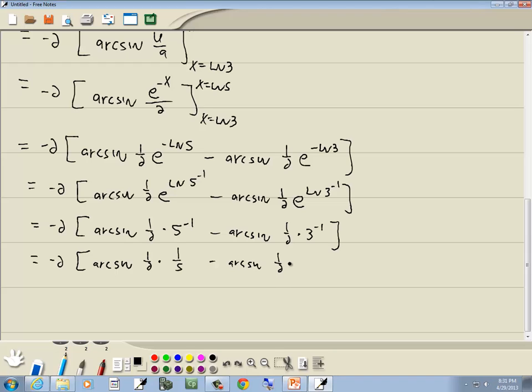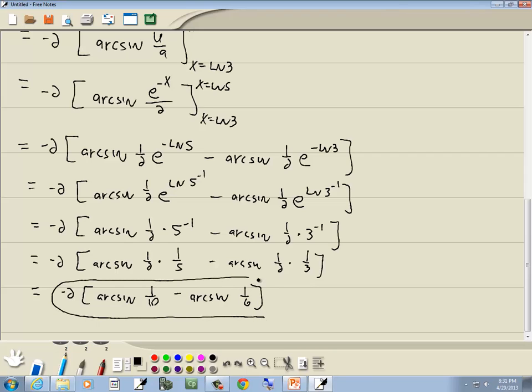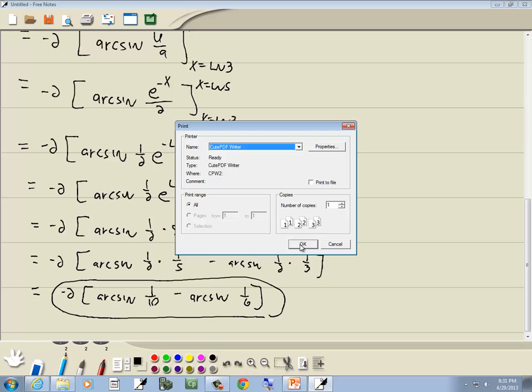And 3 to the negative 1 is 1/3. So this is going to give us negative 2 arc sine of 1/10 minus arc sine of 1/6. I can multiply the negative 2 through, but that's basically our answer. So we go ahead and save that.